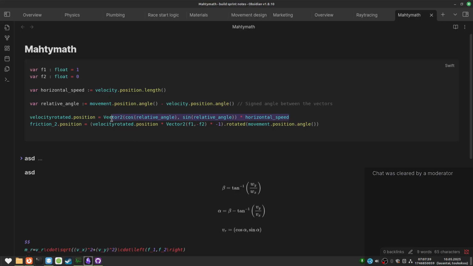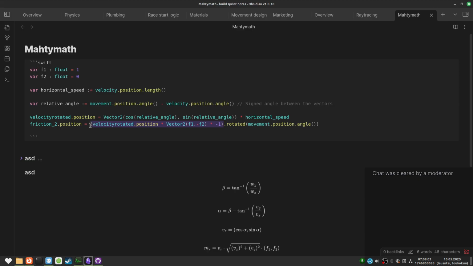This is already rotated and scaled. And then we take the rotated and scaled thing and we apply the friction multipliers to it. And then we rotate that by the movement. Okay.